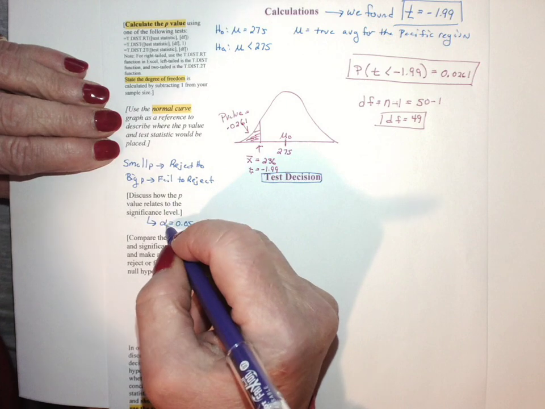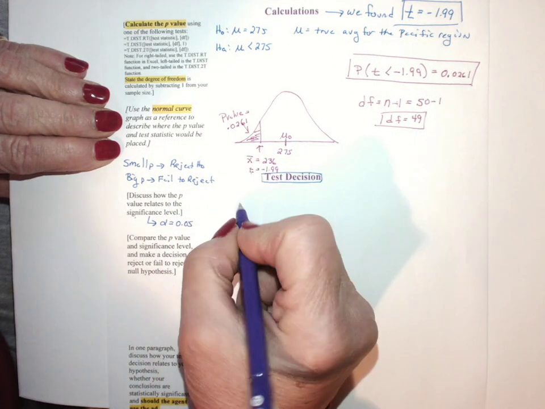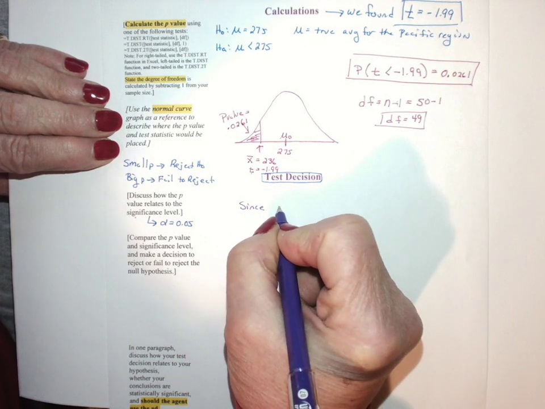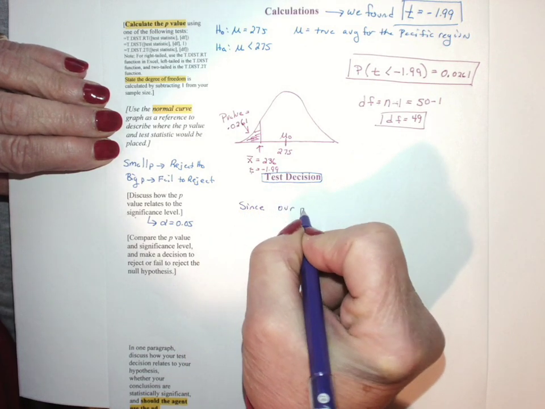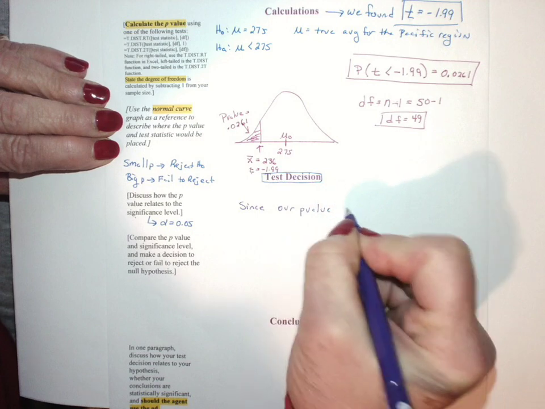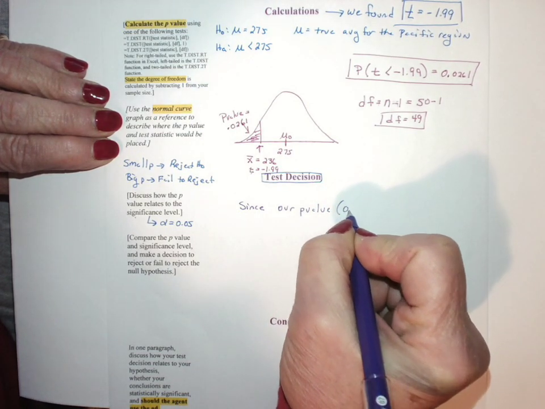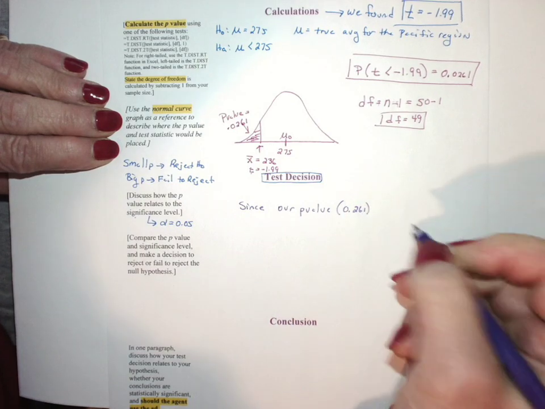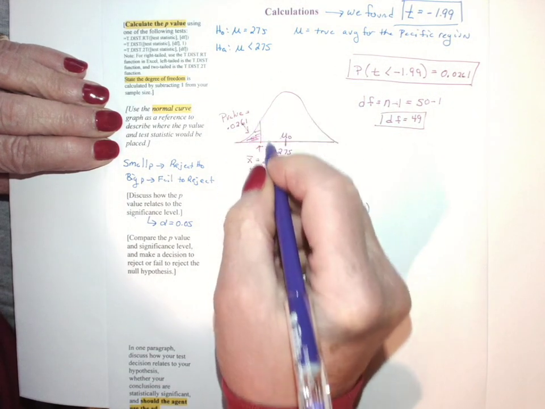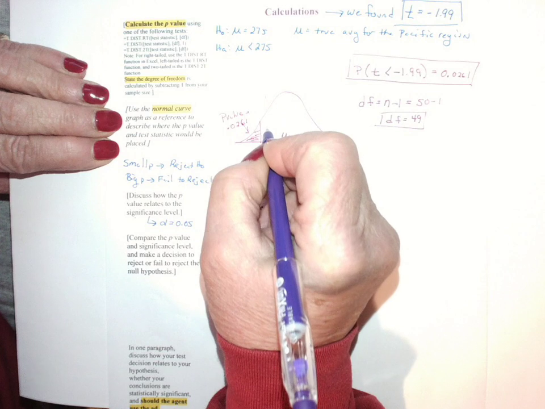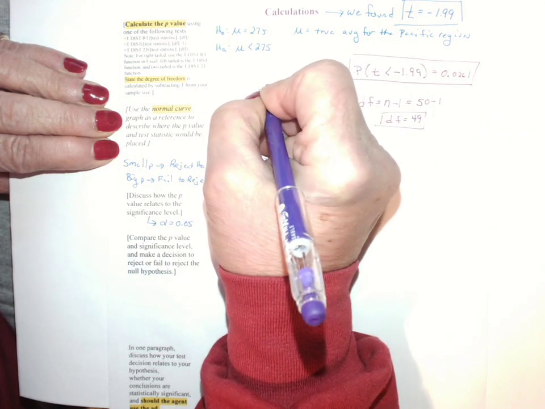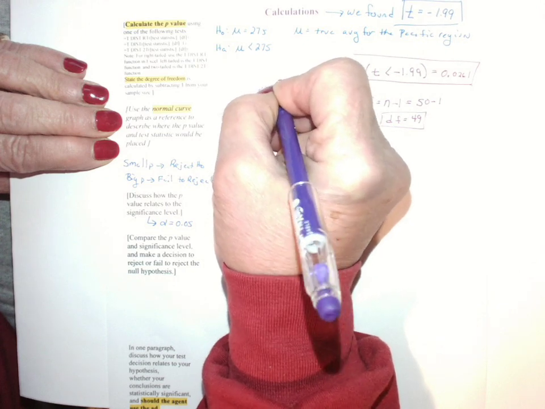Okay? So we have our p-value. So since our p-value, which you should state, 261, and our alpha here is equal to 0.05.